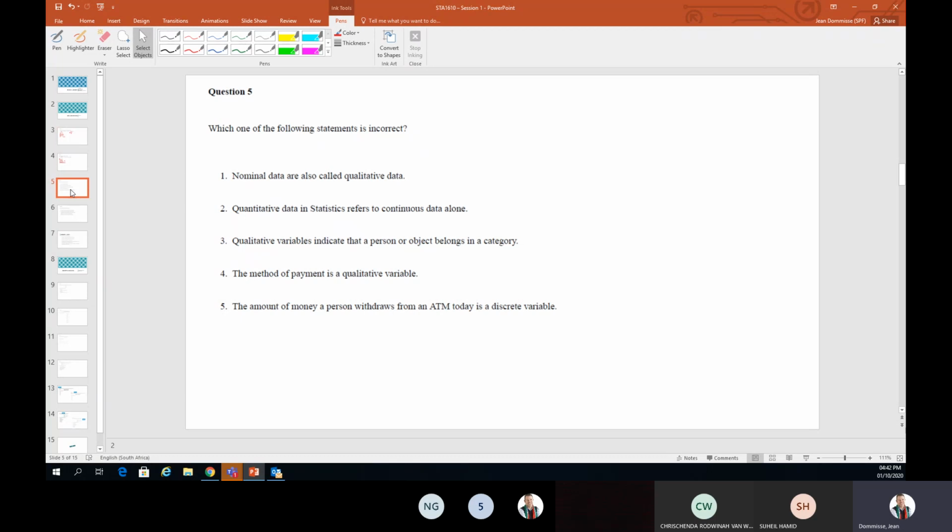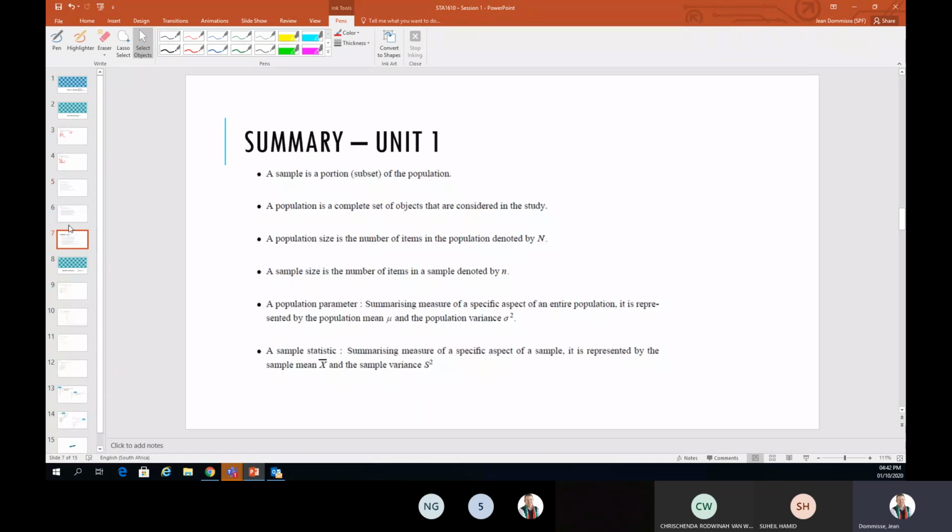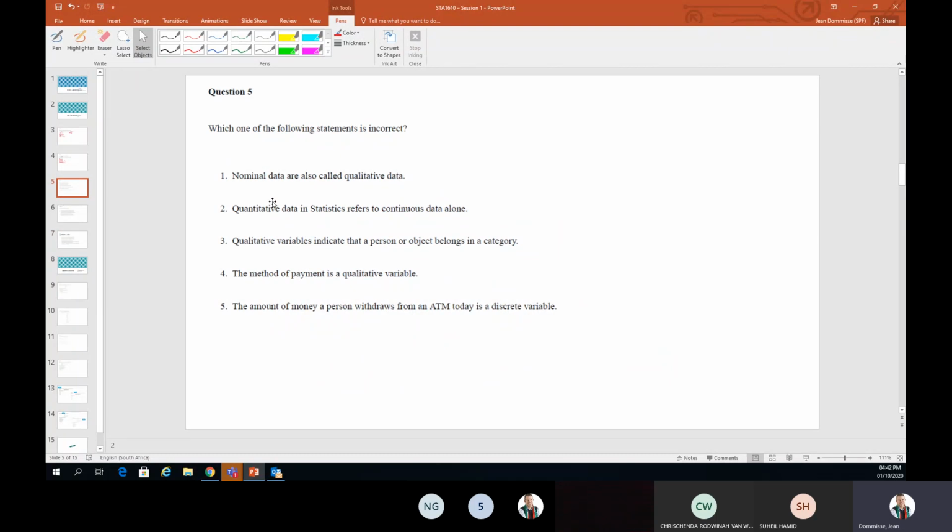What you will also see, let me quickly look, question 5 and question 12 that I've included, is more the type of questions that they like to ask in the exam, because it covers nearly everything of your study unit. If there are only 1 or 2 questions on your study unit, this is very typically what they want to do: include everything into that one question.